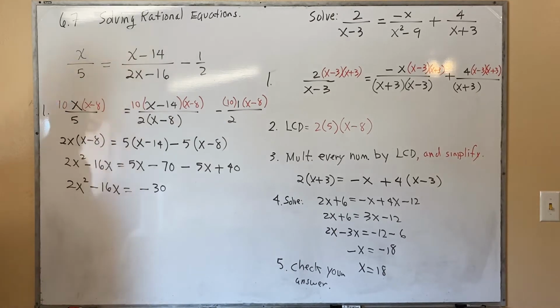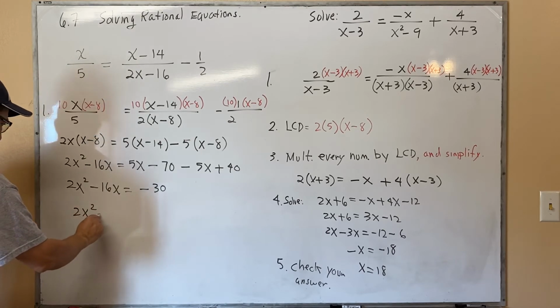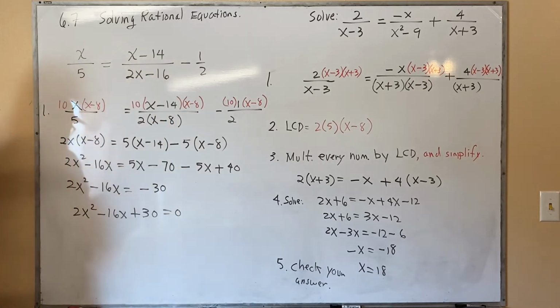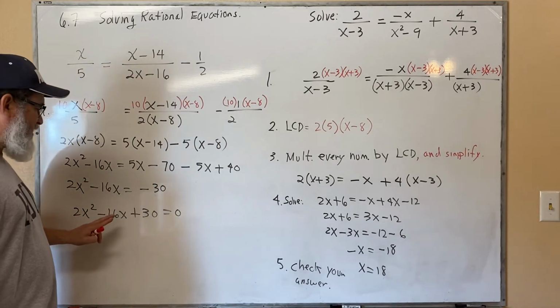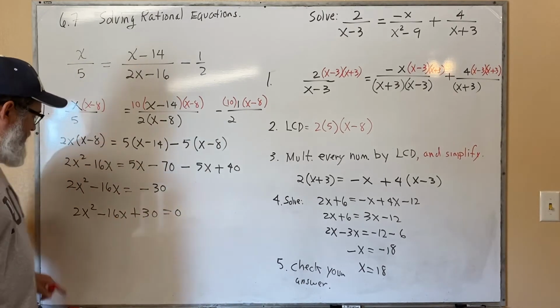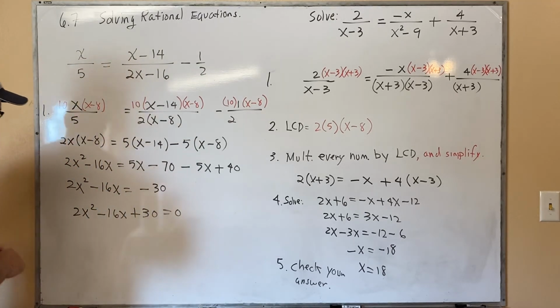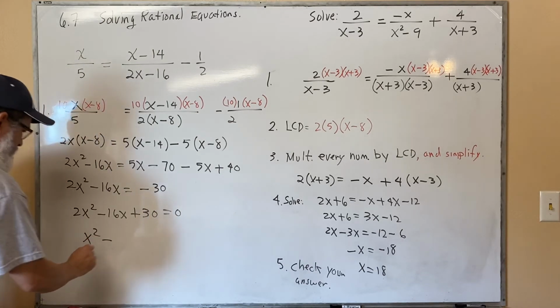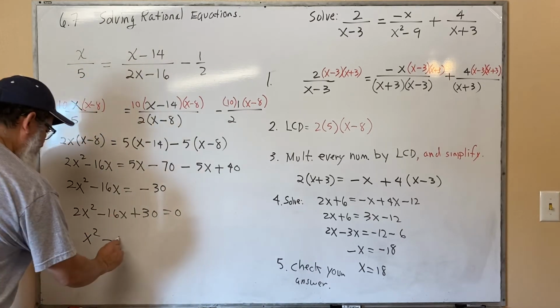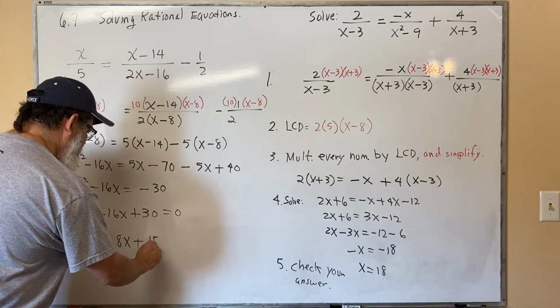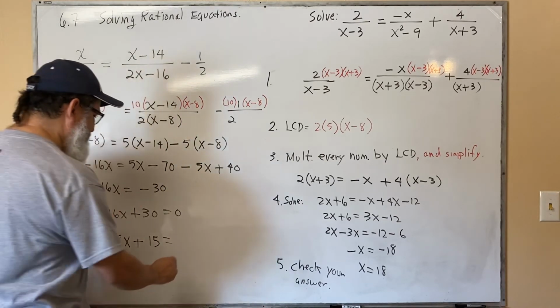Bring it to the left-hand side. So 2x squared minus 16x plus 30 equals 0. Divide everything by 2, because 2 goes into all of them, just to simplify the equation. You get x squared minus 8x plus 15 equals 0.